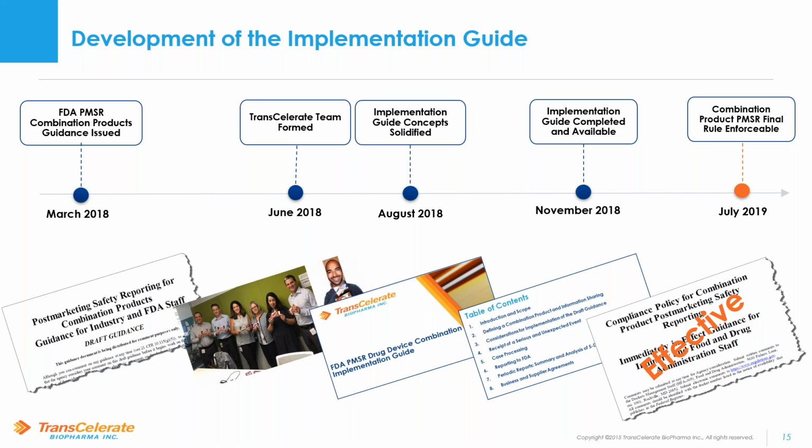We made a very clear decision not to repeat things that were clear to us in the guidance or describe all sections of the guidance. It's important to note that we took the approach in the implementation guide to provide points to consider for combination products approved under an NDA, an ANDA, or a BLA that contain a device constituent part.